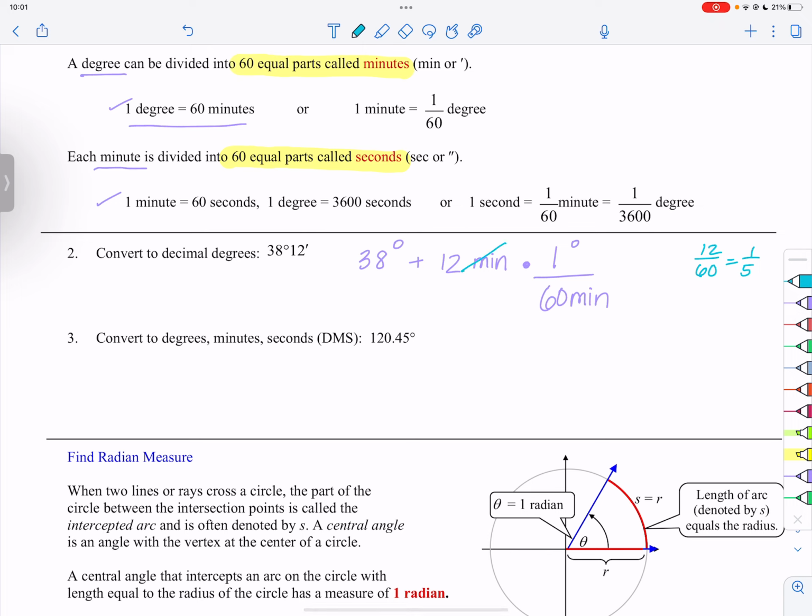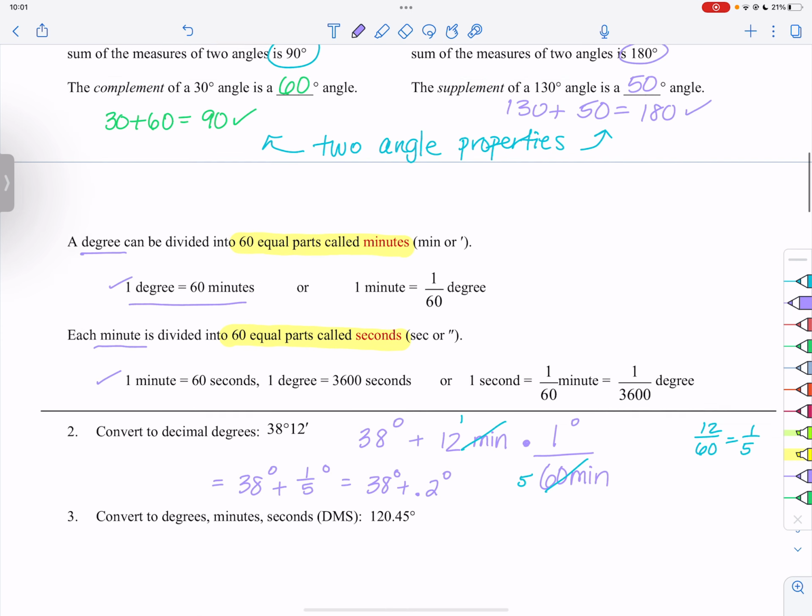So we will cancel these out and put 1/5. Okay? So now what do we have? This is equal to 38 degrees plus, and what is 1/5? And I can go ahead and write that here. 1/5 of a degree, and 1/5 is 0.2. So we have 38 degrees plus 0.2 degrees.